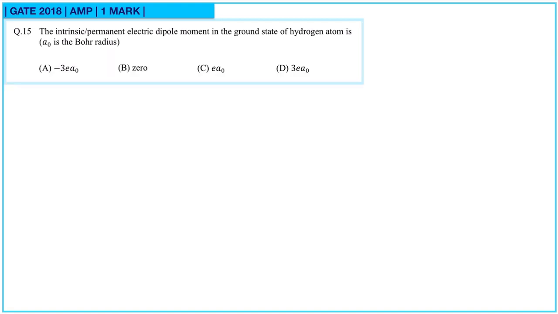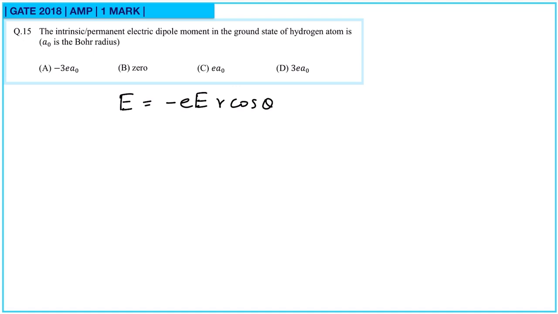Next question. The intrinsic or permanent electric dipole moment in the ground state of hydrogen atom is. Now for dipole moment, E is equal to minus e E r cos theta.